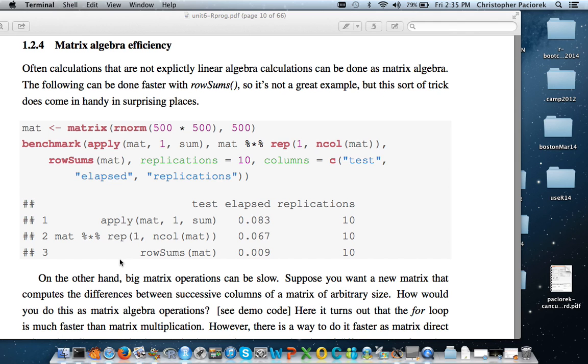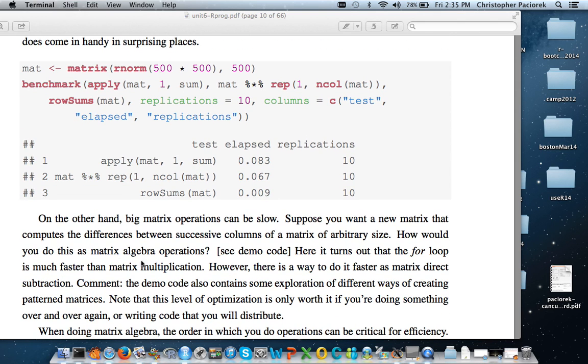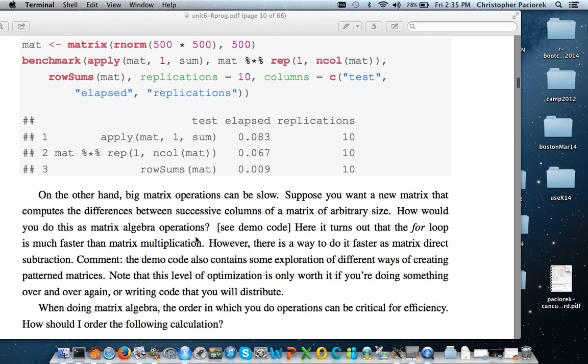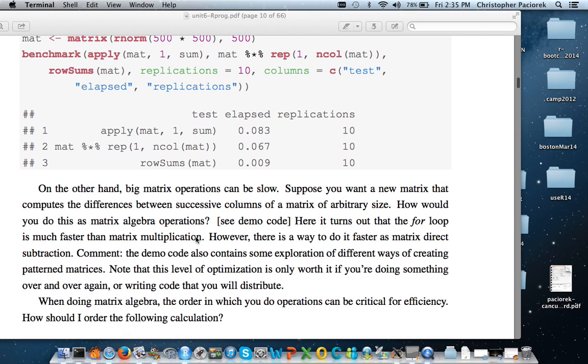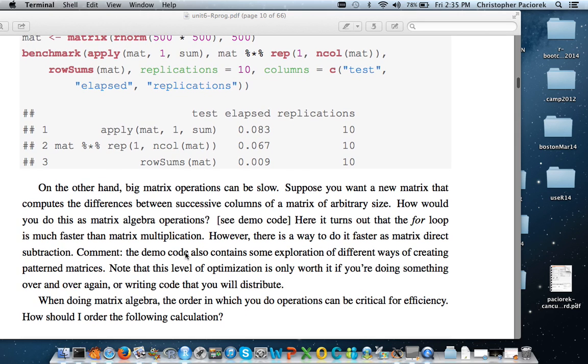Okay, so the next problem I want to pose to you is this one. If you have the underlying unit 6 rprog.R code file in front of you, don't look at it because the answer's in there. The point is to try and think through this and see what we can come up with. Suppose that I want to take a matrix and take successive differences of the columns.